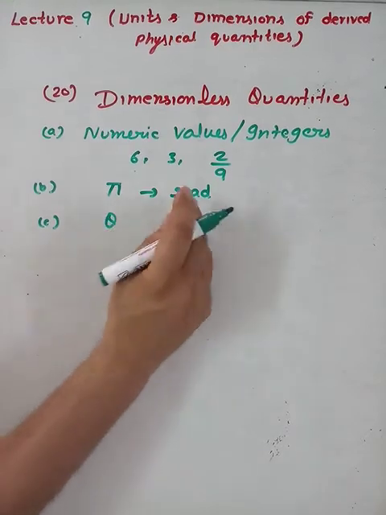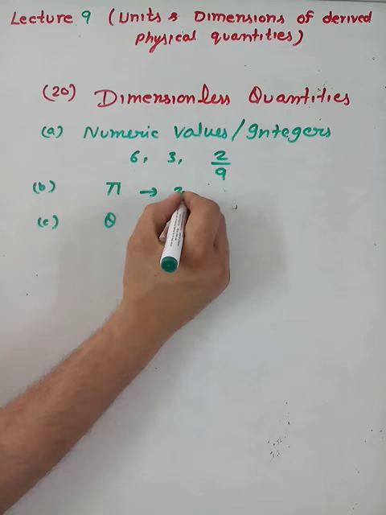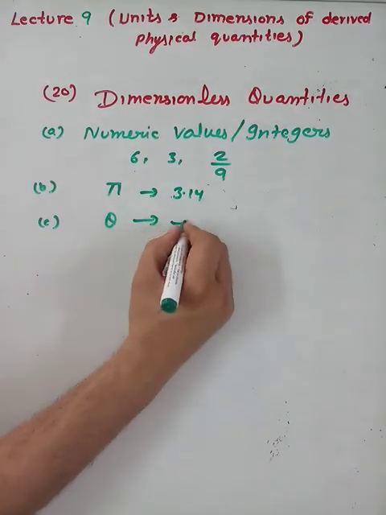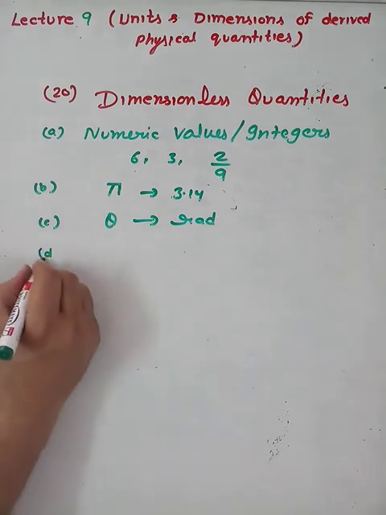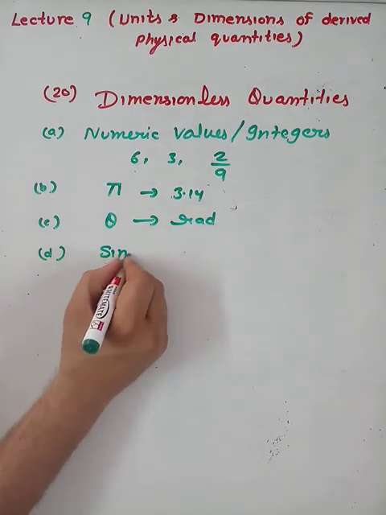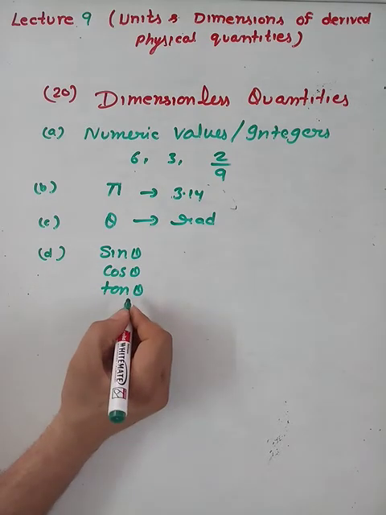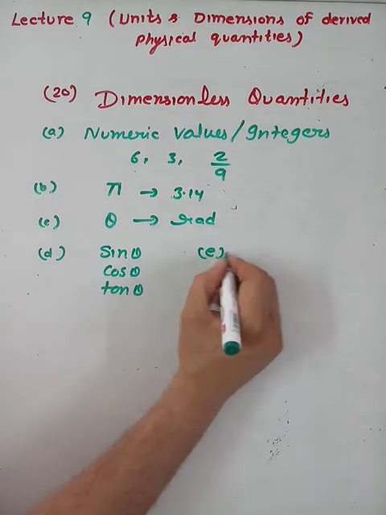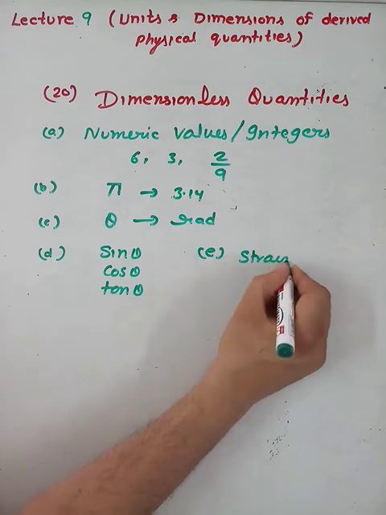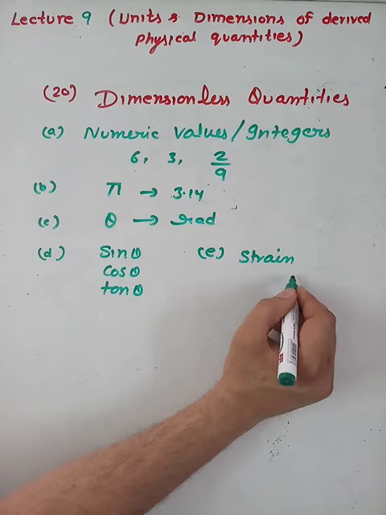The value of pi is 3.14. Theta, its unit is radian, and it is dimensionless. Trigonometric ratios, sin theta, cos theta, tan theta, all are dimensionless. Next, epsilon is strain. Strain is change in configuration upon original configuration.